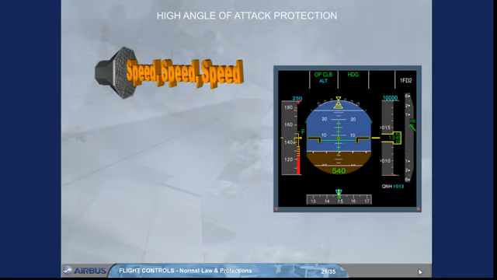The low energy warning is available when the following conditions are fulfilled: in normal law and above 100 feet radio altitude, up to 2,000 feet radio altitude, and in configuration 2, 3, or full, and not in TOGA. Note, for more information, please refer to the auto flight system and the FCOM.